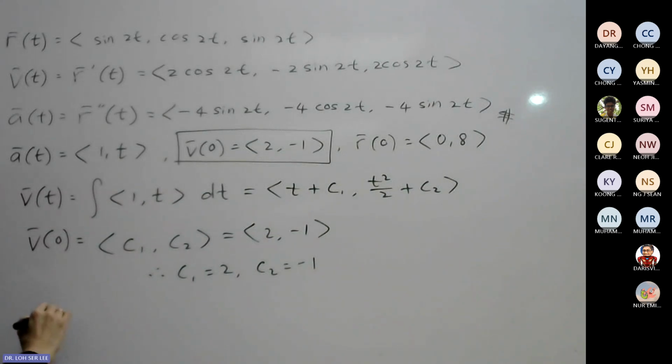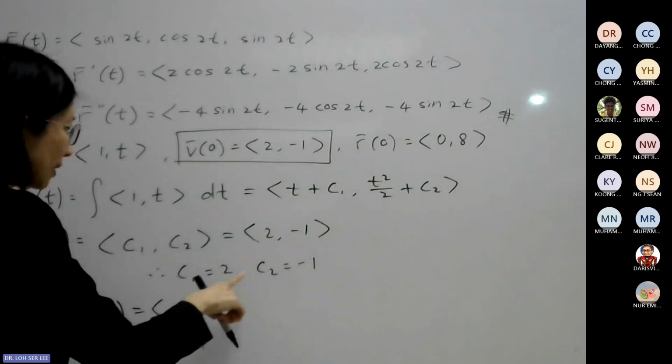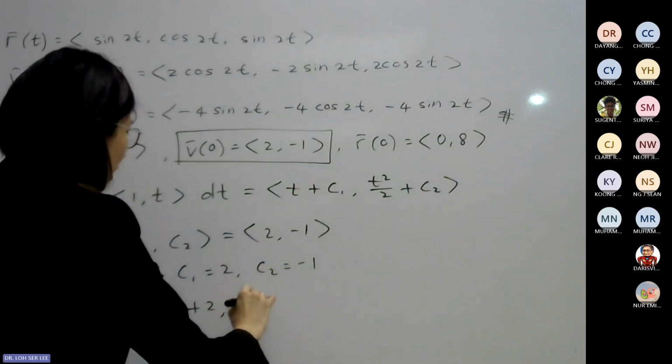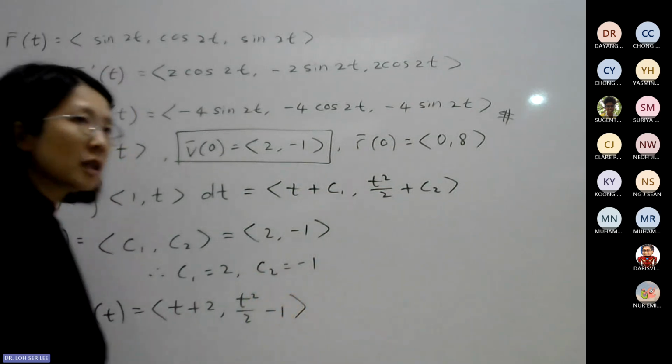So your v(t) will be t plus c1, t squared over 2 plus c2. So this is your v(t).